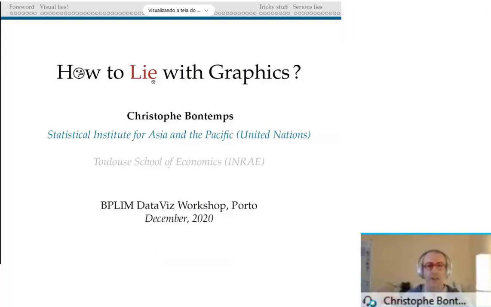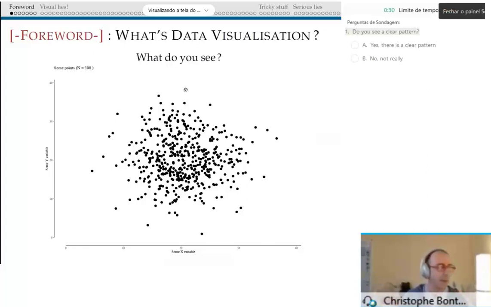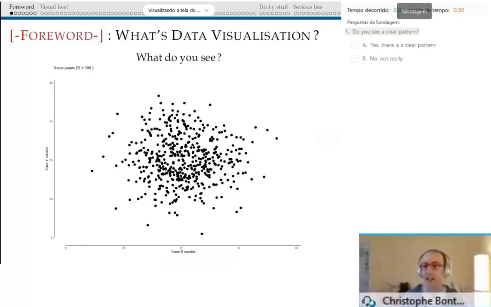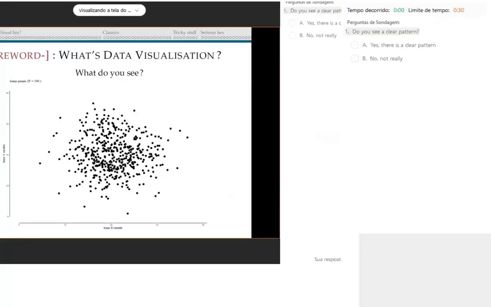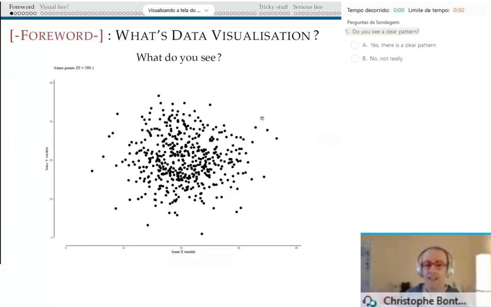But I will go very slowly on this. I will start with this first question. What do you see? And once again, you will have a poll, the first poll, asking you if you see something. Do you see any pattern here on this graphic? So you can answer yes, there is a clear pattern, or not really. This is, by the way, some X variable on the X axis and some Y variable on the Y axis, and you have a scatter plot with points.